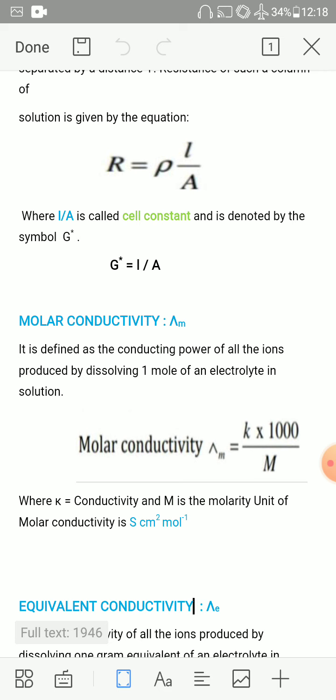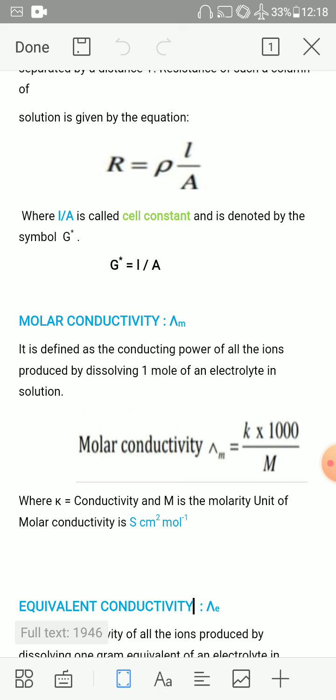You know that in case of an electrolytic conductor, the conductors of electricity are ions; positively and negatively charged ions are the conductors of electricity. And in case of molar conductivity, the conducting power of all the ions produced by dissolving 1 mole of an electrolyte in solution is the molar conductivity of that solution.